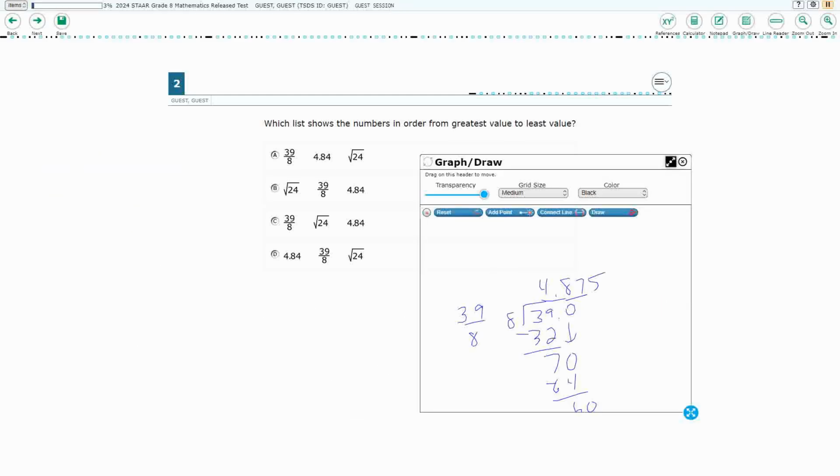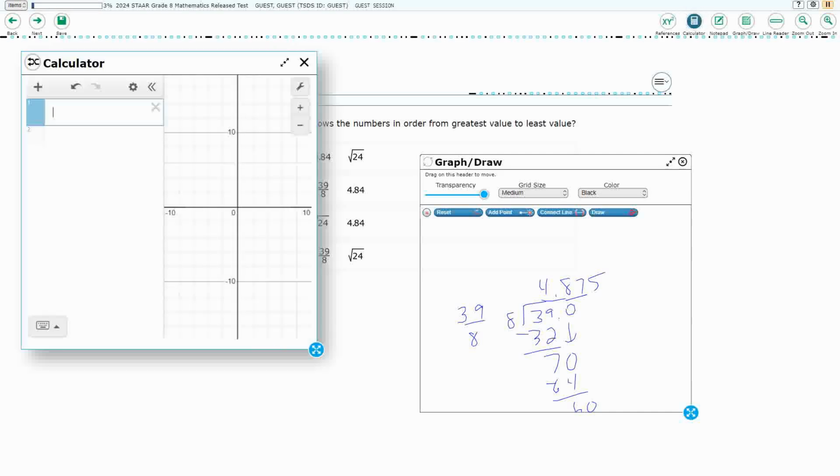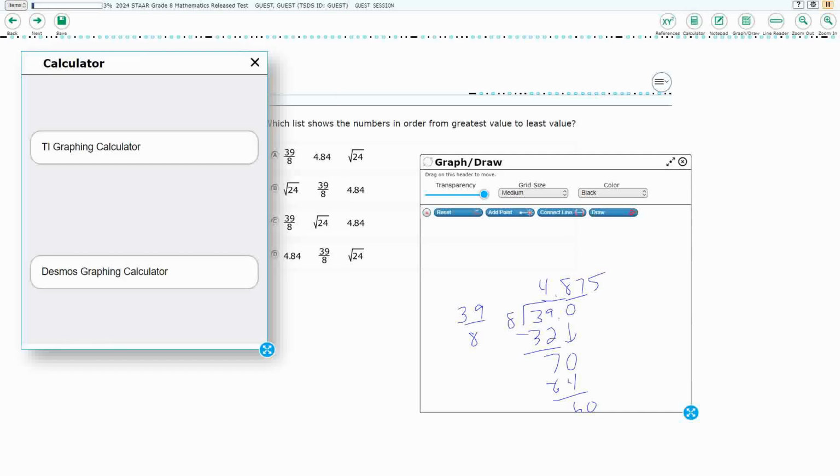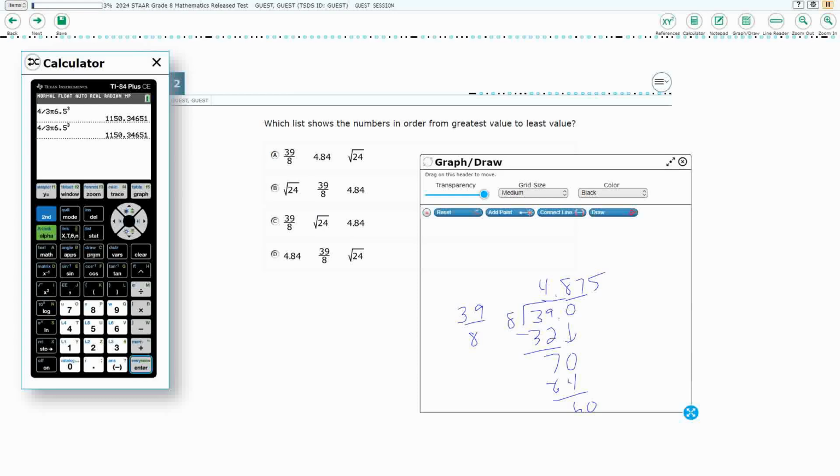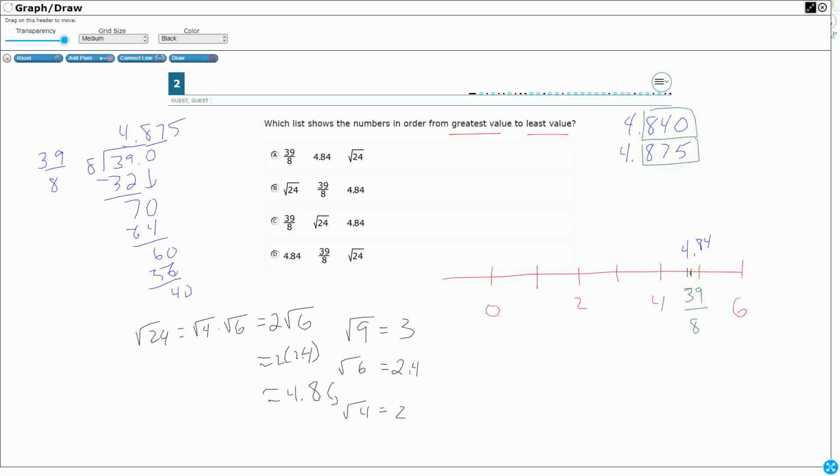Let's go ahead and just use a calculator here. You can use Desmos if we want to. I'm going to use the second function, hit that x squared right up there, and then hit 24. So what do we have? 4.8989. All right, so let's remember that.